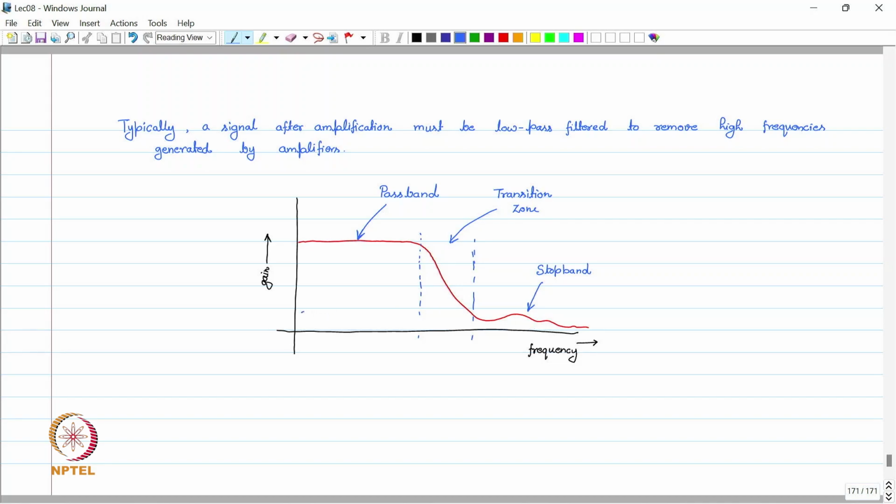And there is a very low value of gain, which is called the noise floor. This red curve is the frequency response of our filter.